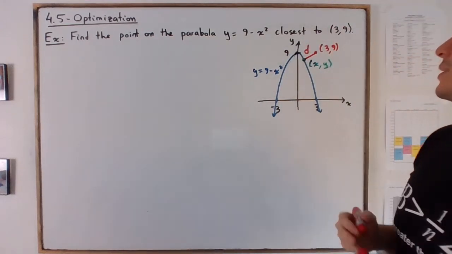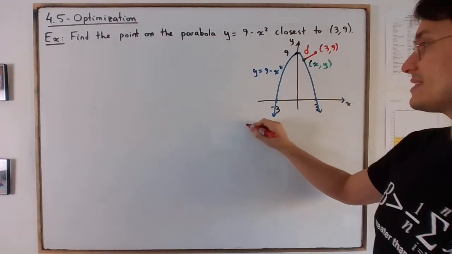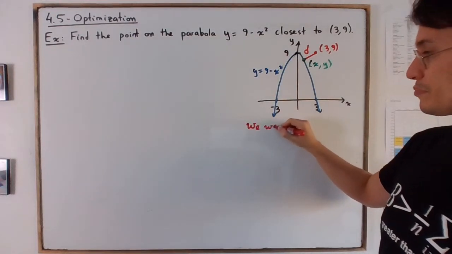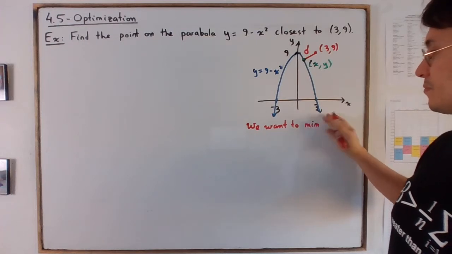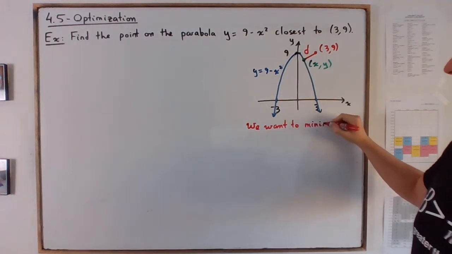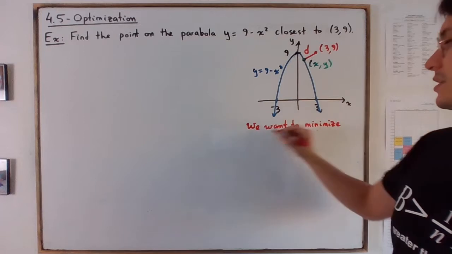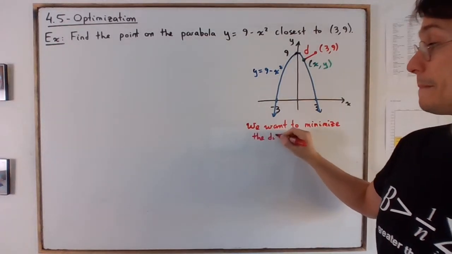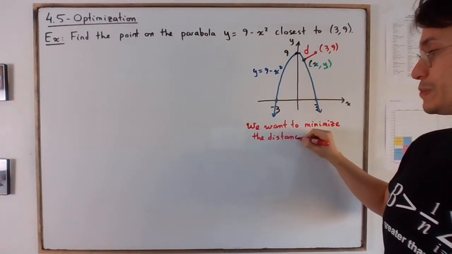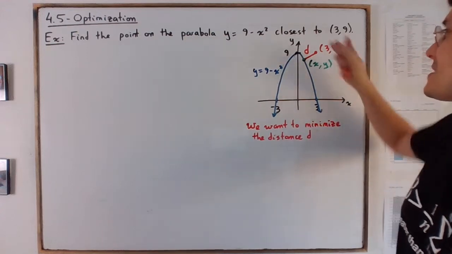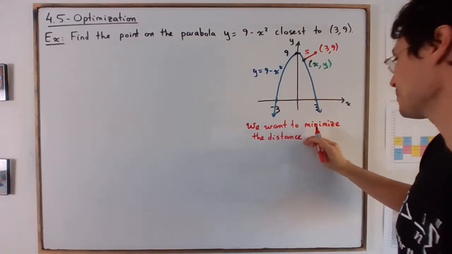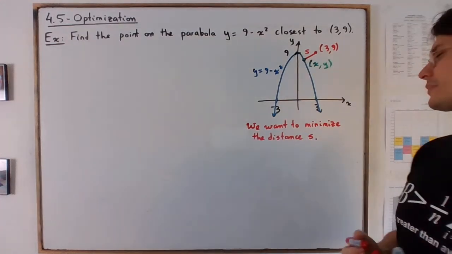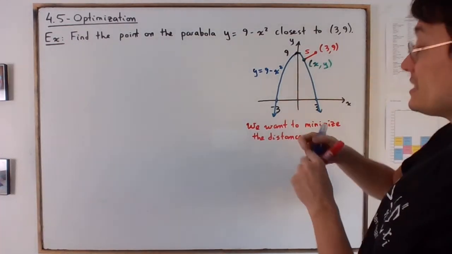Let's write this down. We want to minimize the distance d. Maybe it's not a good letter. Let's call this S. So this is step number 1.